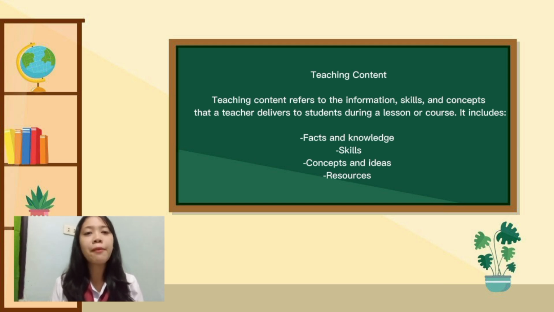Another is the concepts and ideas, like democracy, graffiti, or theme in literature. Another is the resources, like textbooks, videos, articles, and activities used to teach the material. So basically, it's what is being taught.